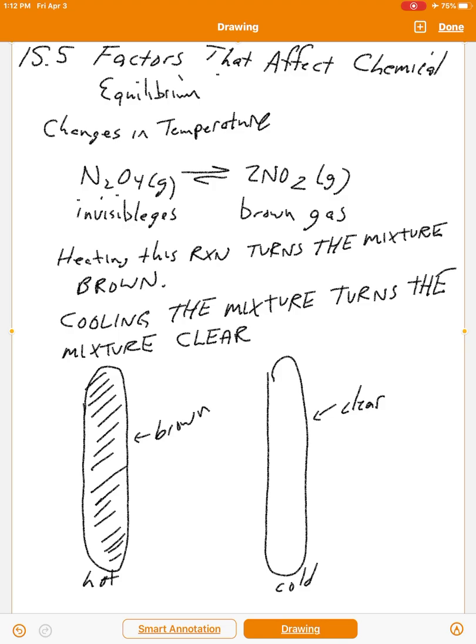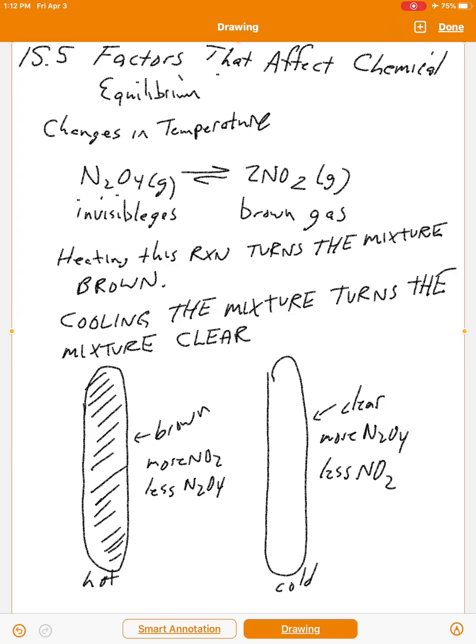What that tells us is that if we heat it, it's essentially producing more NO2, because NO2 is the gas that's brown, and there's less N2O4. On the other hand, if we cool it, it turns clear, so that means there's more N2O4 and less NO2.